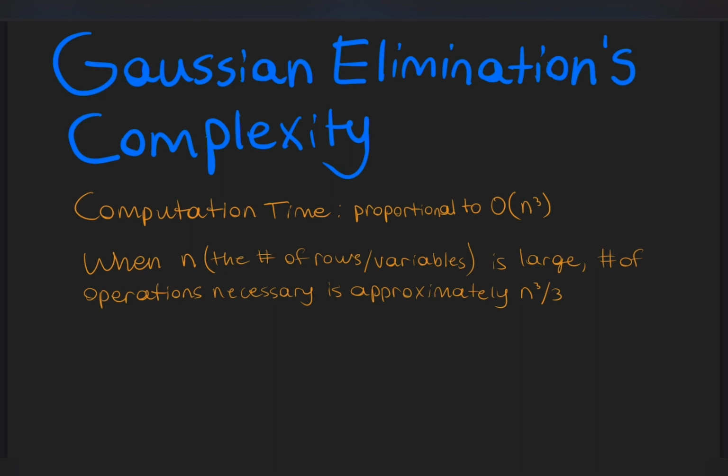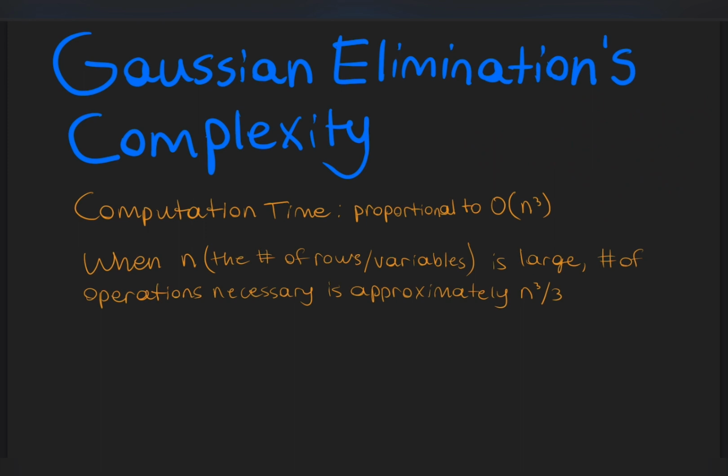So the computation time for Gaussian elimination is proportional to n cubed. So if we were to draw a graph, time would be on the y-axis and n would be on the x-axis, and we would have an n cubed graph here.